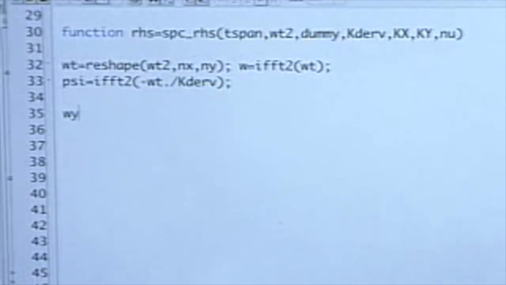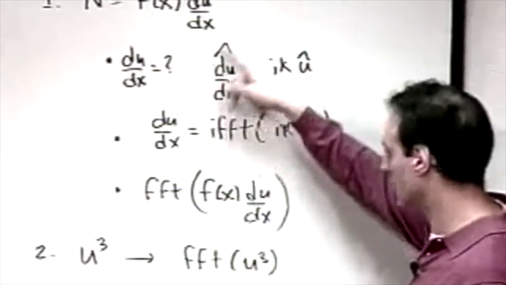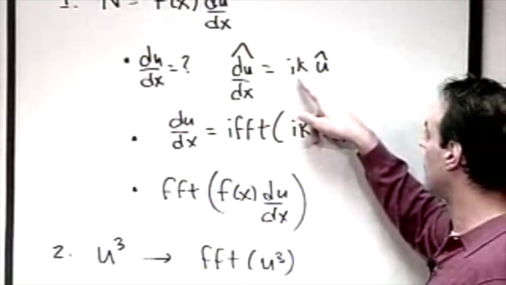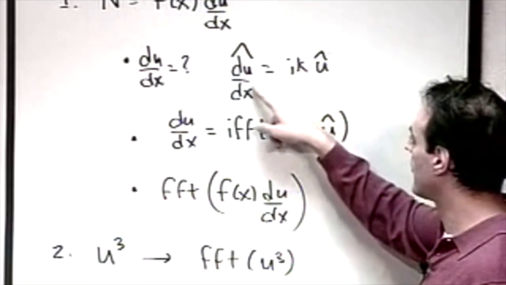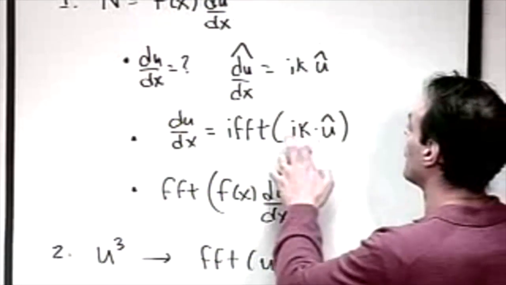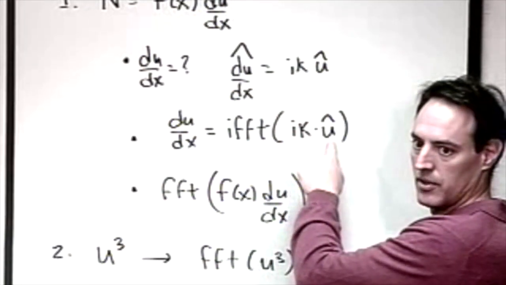Omega y. What is it? Well, how do we calculate derivatives? Let's look over here. If you want to calculate a derivative of a function, what you know is the Fourier transform of the derivative is IK times the transform of the thing itself. And so if you want to find the derivative, you just inverse Fourier transform this IK times the transform of the function.